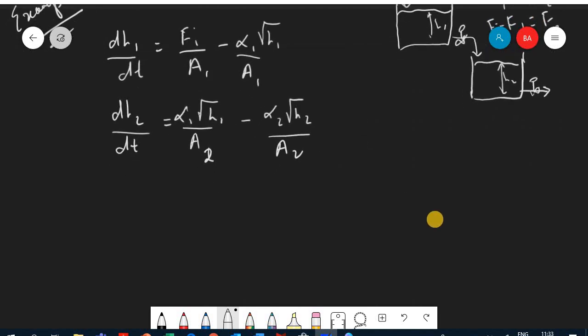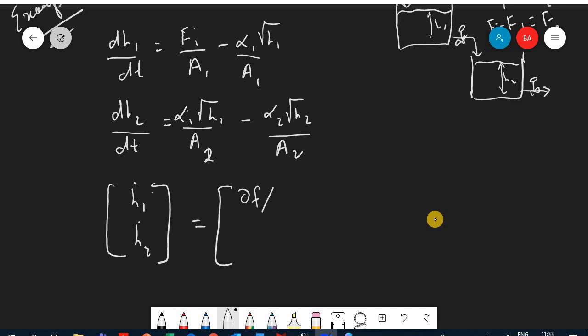So how am I going to start with this? I'm going to start building my matrix, and look at what I'm going to do here. So x dot, what is x dot in my case here? In my case here, x dot is h1 dot and h2 dot. Okay, and then we have the matrix A. You remember what we have done?